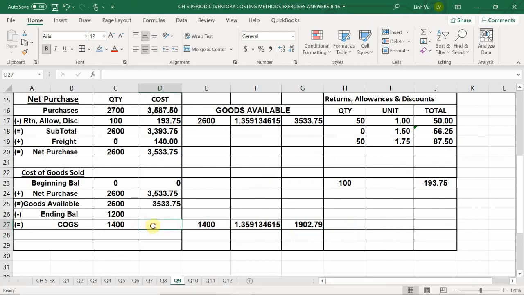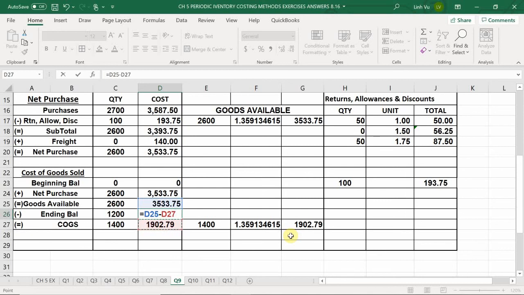Good. So then, since we have 1,902.79, what is going to be my total ending inventory? 1,630.96. Good. And that's it.